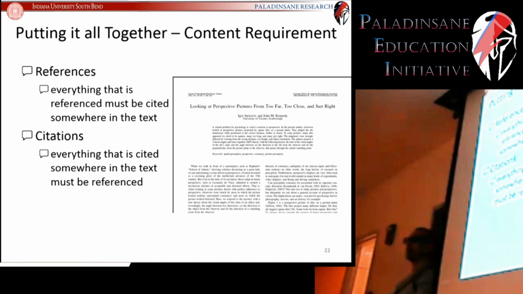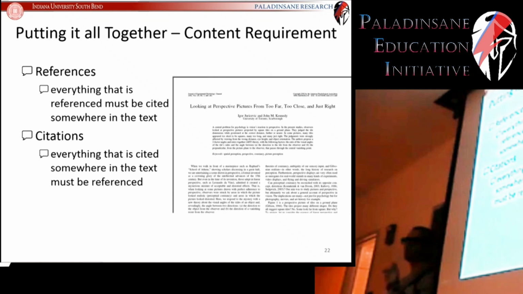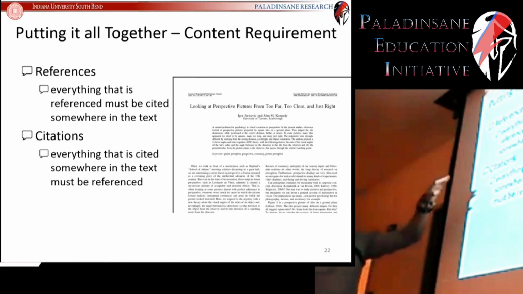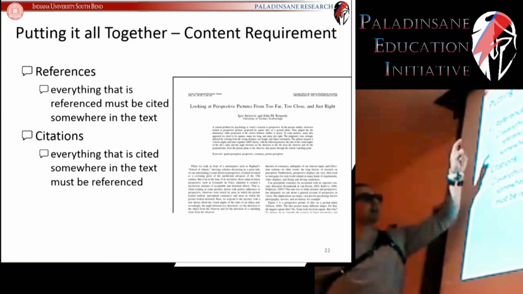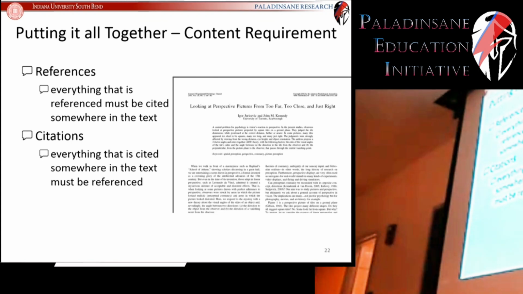You might be highly indebted to that chapter, but unless you specifically used information from that chapter and cited it in your paper, you do not include that chapter in your reference section. So it's only stuff that gets cited that goes into the references, and if it's in the references, I better find it cited somewhere in your paper.